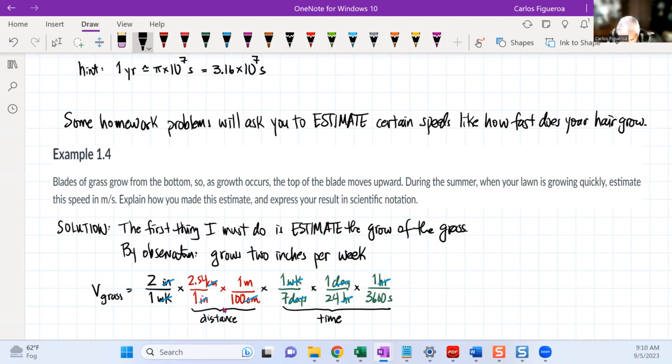Now if I convert this into scientific units, to 2 sig figs, I'm going to get 4.2 times 10 to the minus 8 meters per second. And this is how fast the grass grows.